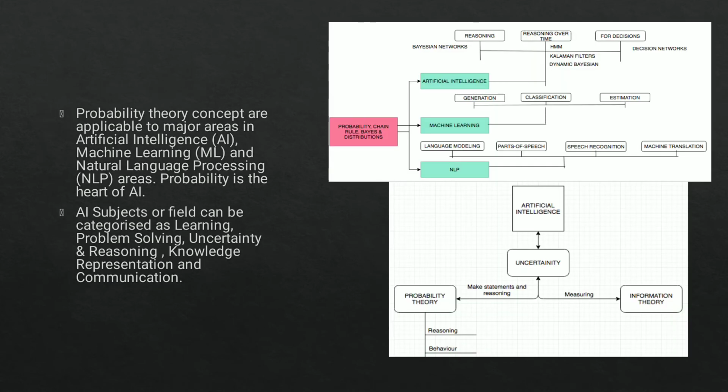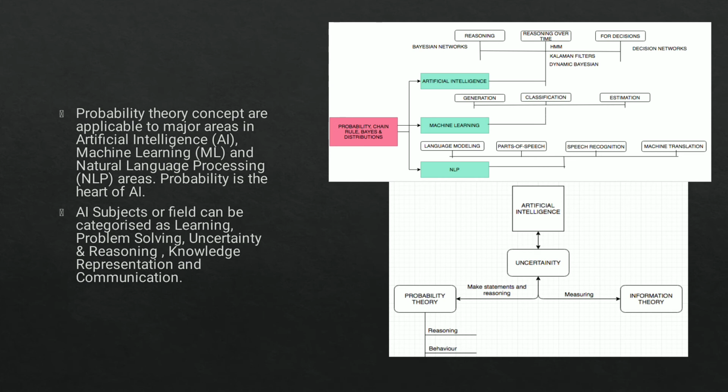AI's subjects of field can be categorized as learning, problem solving, uncertainty and reasoning, knowledge representation, and communication. Probability is the bedrock of machine learning. It forms the basis of sampling. In machine learning, uncertainty can arise in many ways. Probability provides a set of rules or tools to model uncertainty.